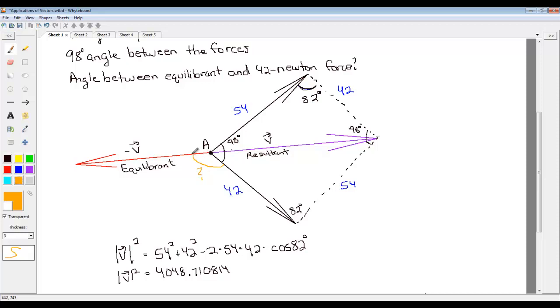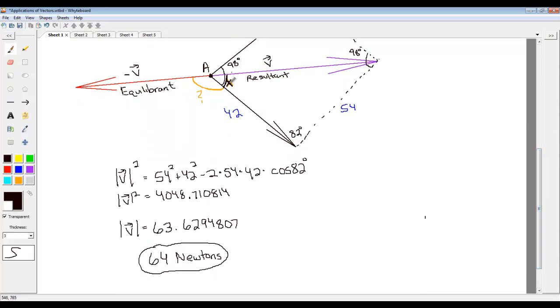If we call this angle x, then we know that 180 minus x will be this. And I have more hope of finding x right now than the question mark because of working with triangles here.